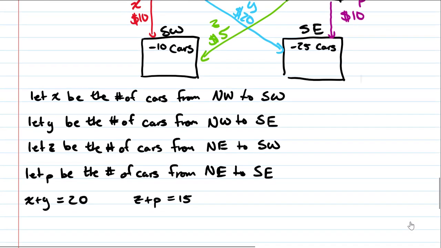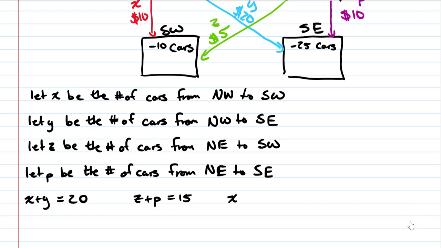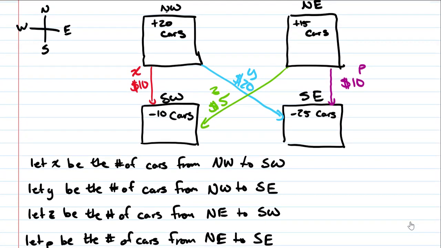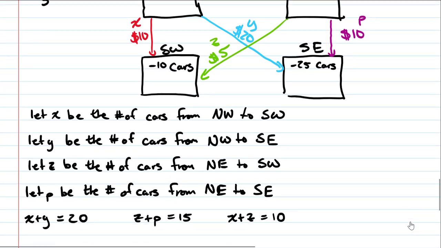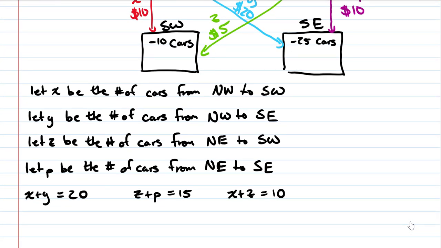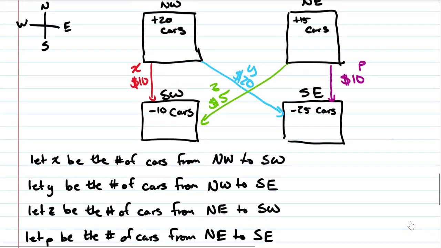So that's going to be x plus z should equal the number of cars that they need, which is going to be 10. And then going into southeast, we have blue and purple. So that's going to be y plus p. And how many cars is southeast short?